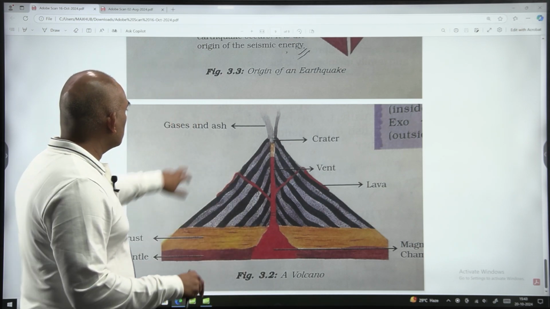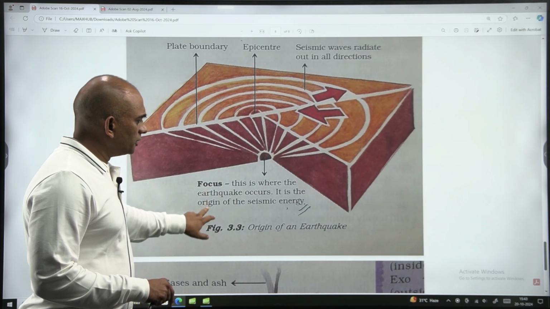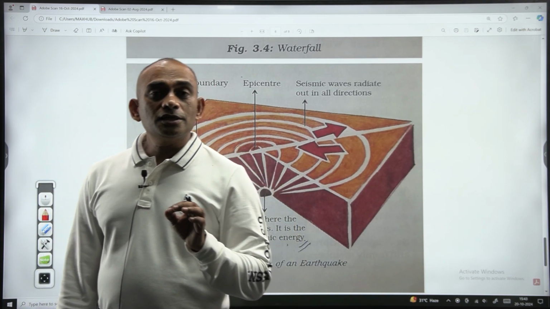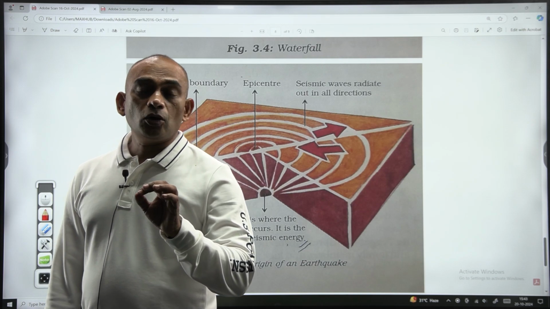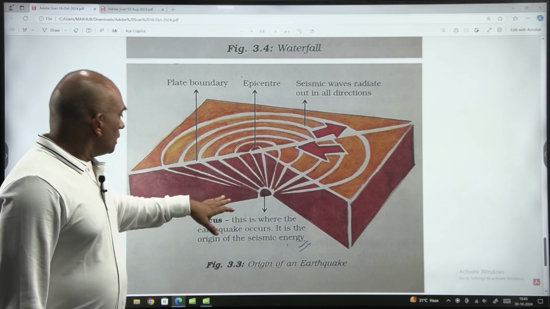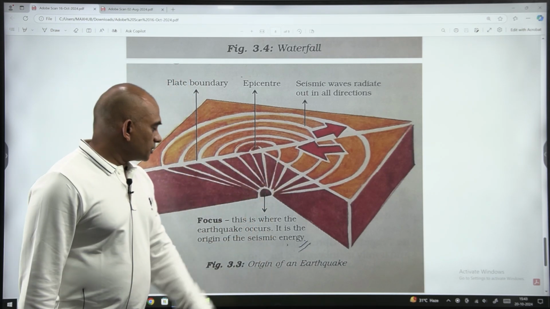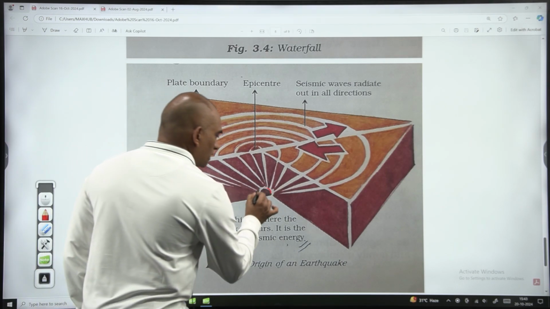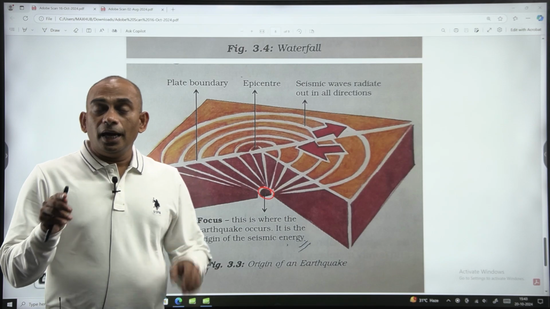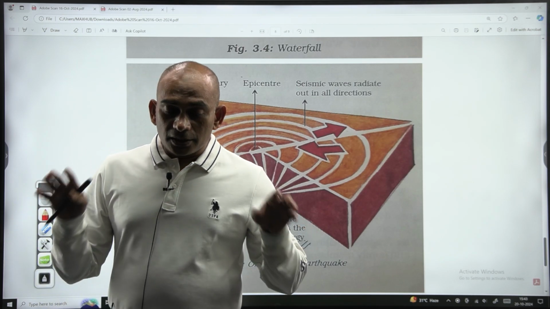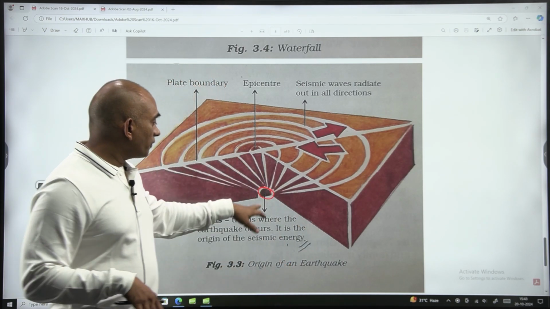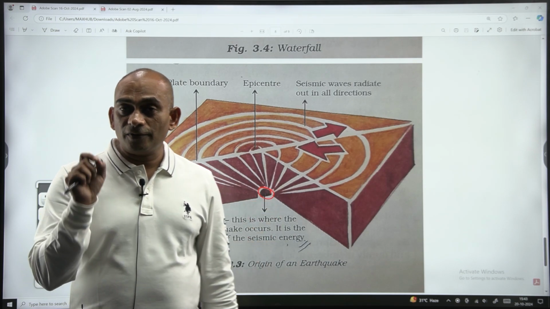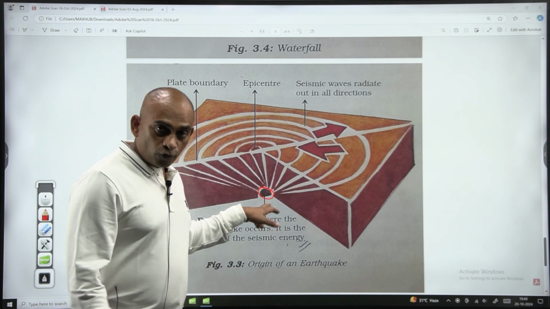Now we are going to take up earthquake. In a simple definition, an earthquake is nothing but a vibration on the earth. How does this vibration take place? Look at this. This is the focus from where energy is released. Wherever the energy is released at first, that region is the focus.